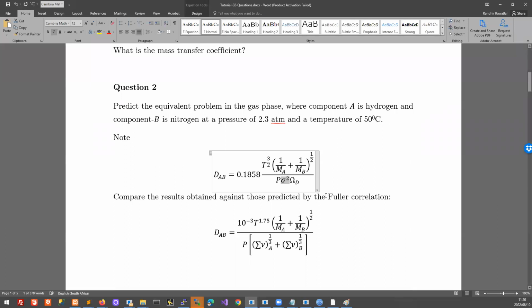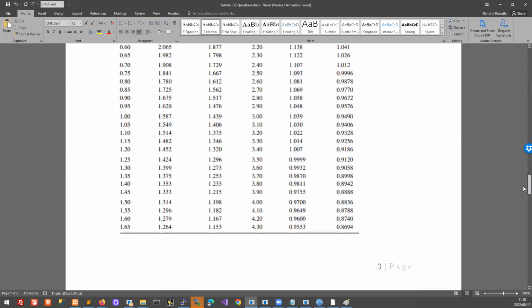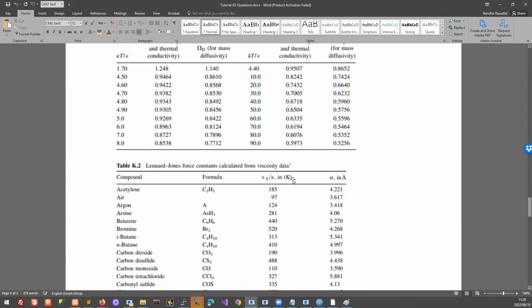Were there any questions? Yeah. So really quickly, you said we had to calculate that omega D value, but first we have to calculate that KT over epsilon. I just want to make sure this is how you calculate. First you find epsilon A over K, you take that value and then you divide that value by the temperature which is given to you.